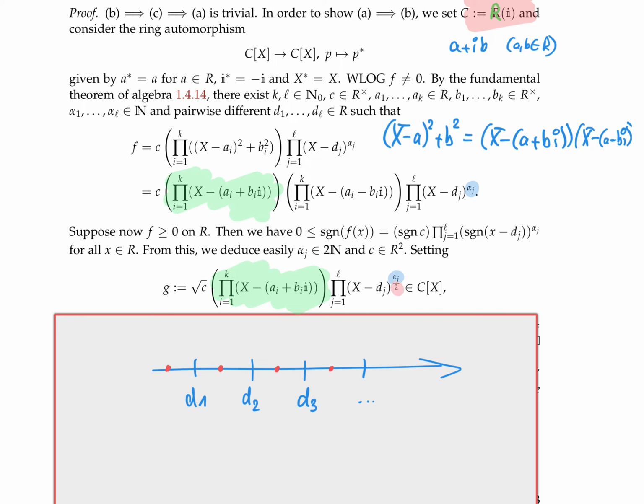It's important that I take half here, and that makes sense because alpha j is an even number.